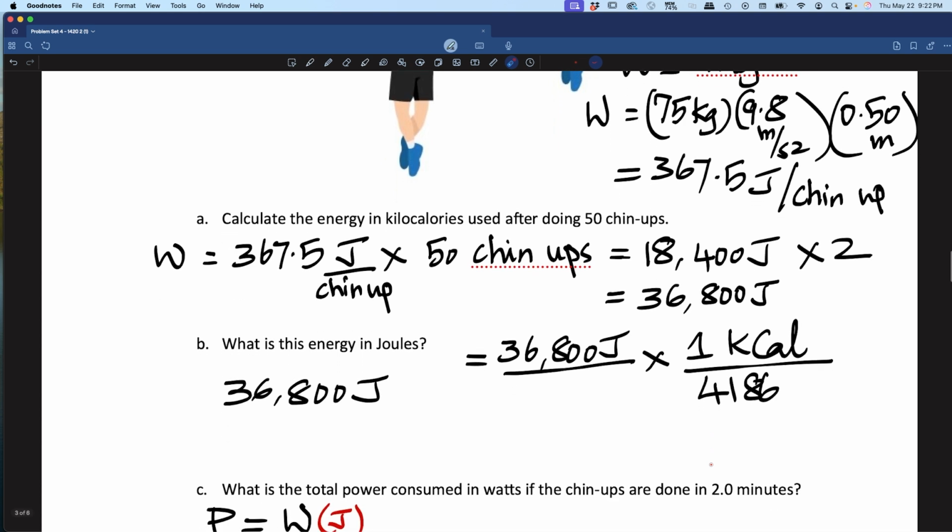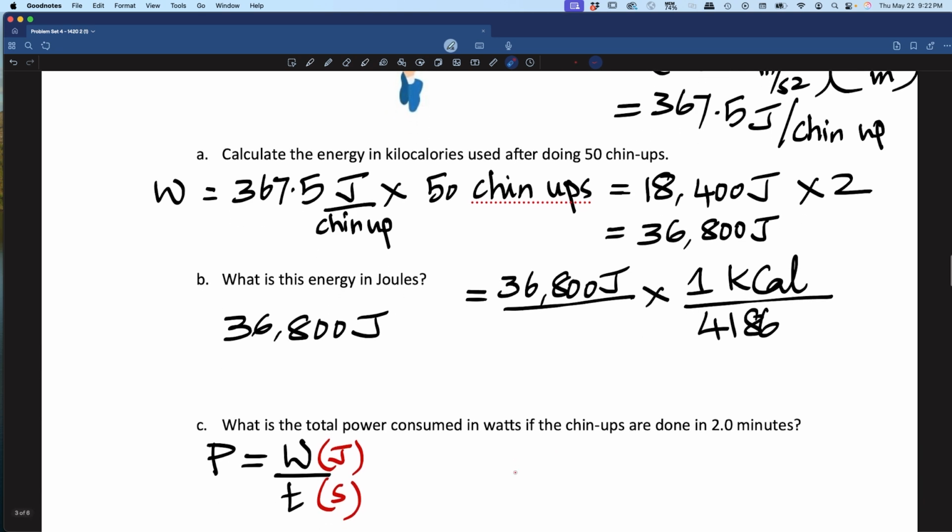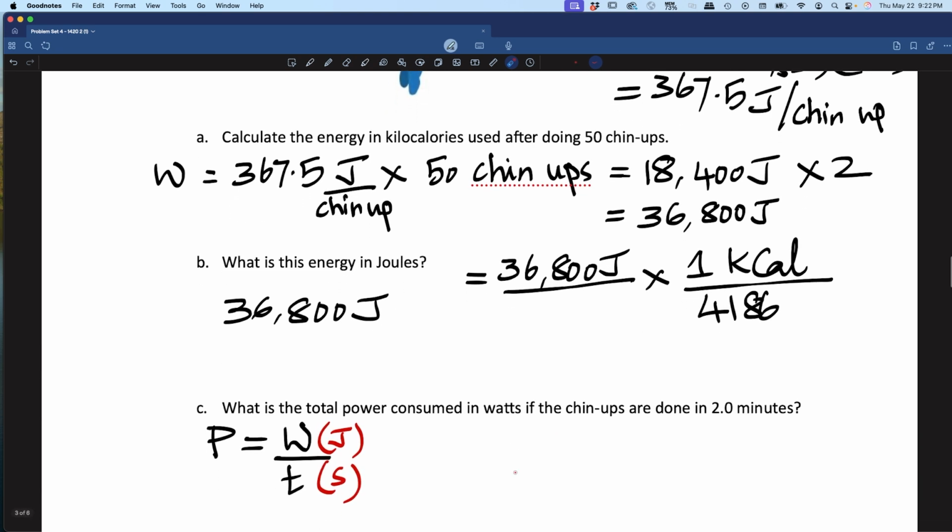C, what's the total power consumed in watts if the chin-ups are done in 2 minutes? Power is what? Work over time? Yeah. So the work that you get, and this time remember we need to use the work in joules.